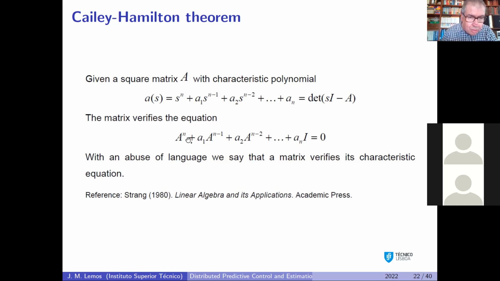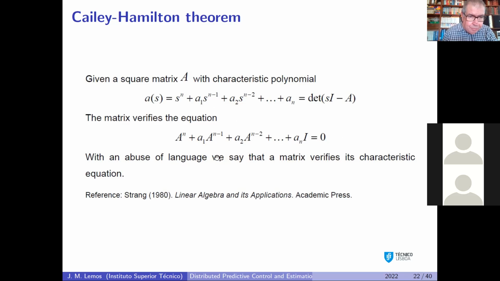It means that you can express the power n of the matrix A as a linear combination of the first powers up to n minus 1. So remember that the identity is A to the 0. So you form a linear combination of the powers of A up to order n minus 1. The coefficients of this linear combination are nothing more than the coefficients of the characteristic polynomial.